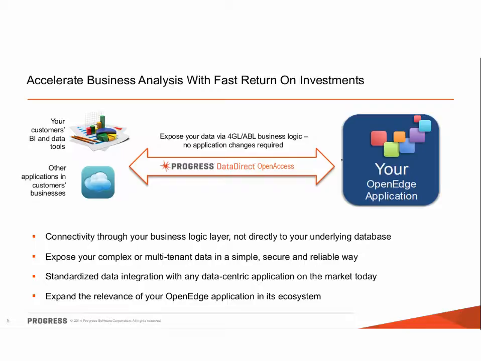The types of applications that are accessing the data could be your customers' BI or data analysis tools, or it could also be other applications within the customer's ecosystem or the customer's businesses that want to access the data that's being held and controlled by your OpenEdge application. The connectivity, and this is very important, has to be through your business logic layer and not directly to the underlying database.